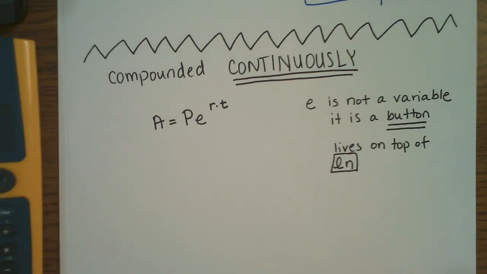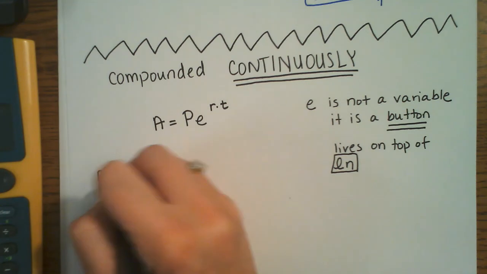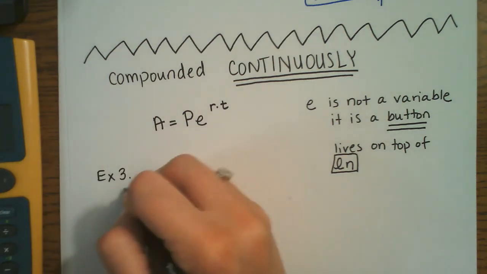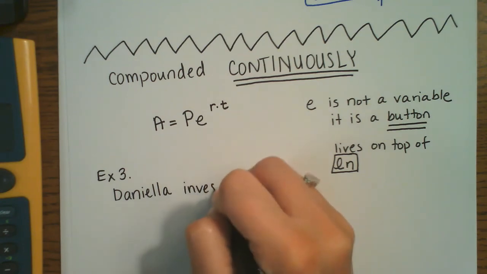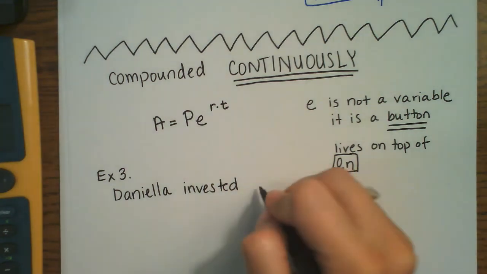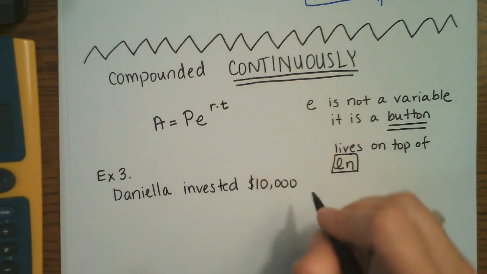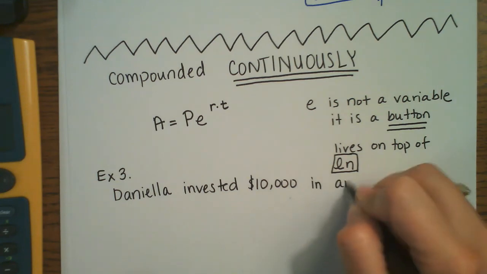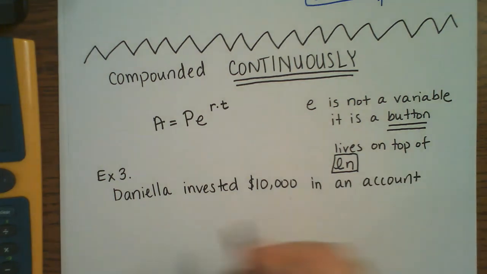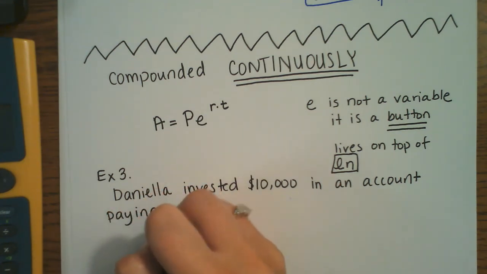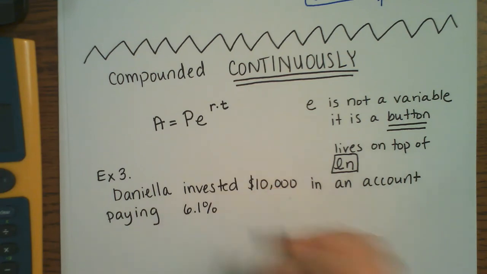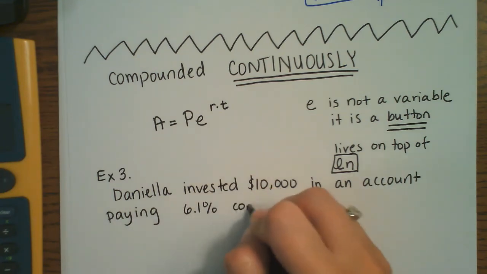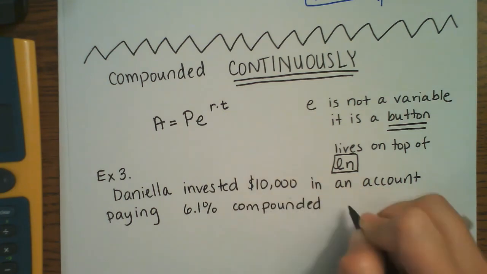So, I'm going to give you an example. It says, Daniela invested $10,000 in an account paying 6.1% compounded continuously.